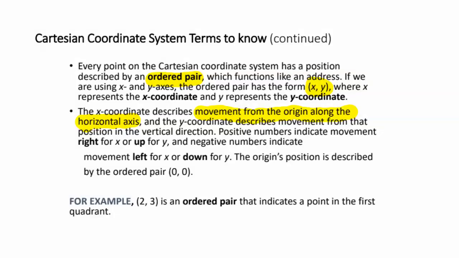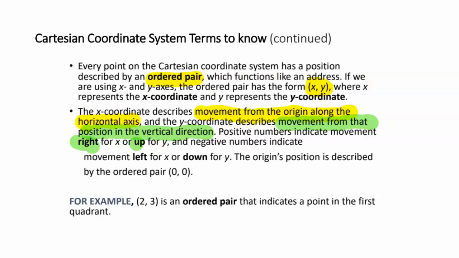But the y coordinate is the movement that goes in a positive direction or a negative direction vertically. That is our coordinates. But here's the other thing. The x goes right or left, and the y goes up or down.